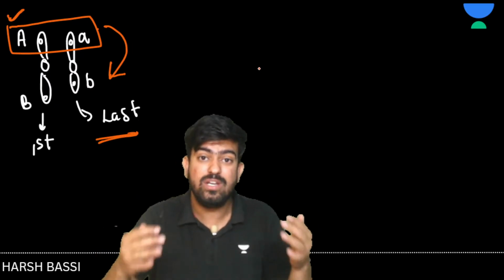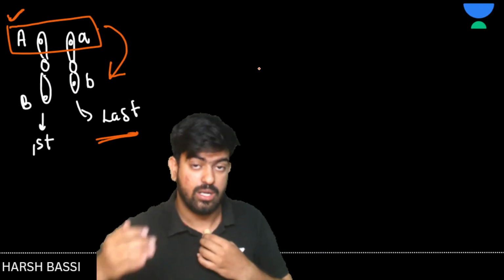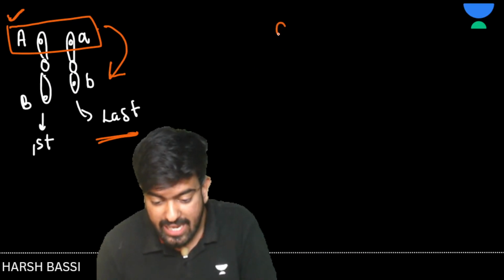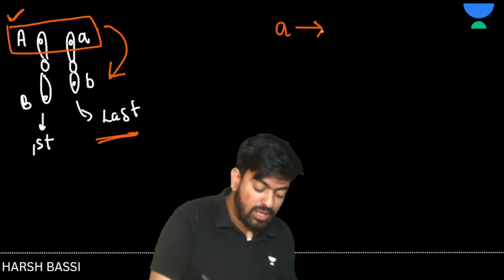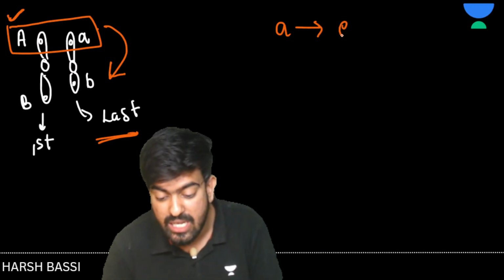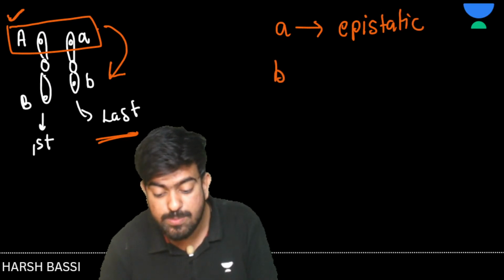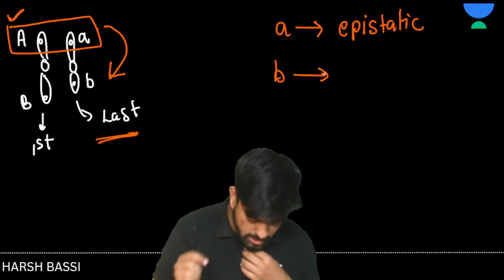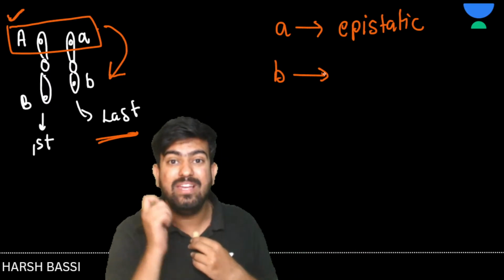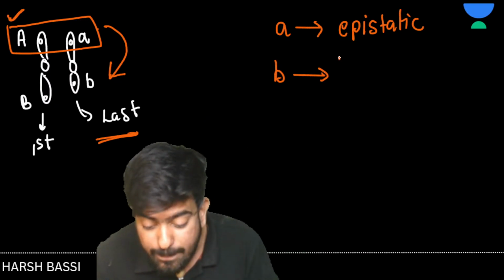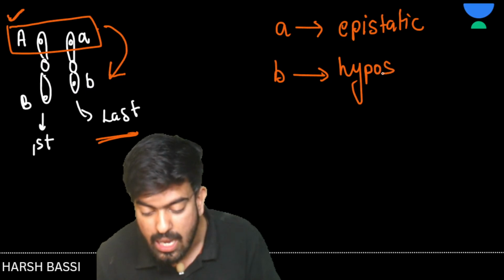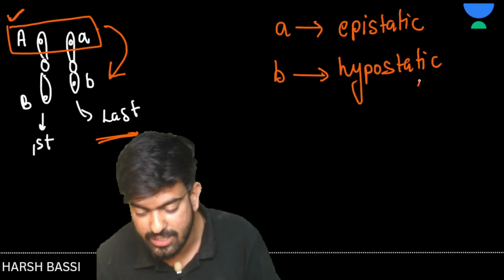So who is controlling here? A is controlling, so A will be called the epistatic gene. And who is being controlled here? B is being controlled here. So B will be known as the hypostatic gene. Yes or no?